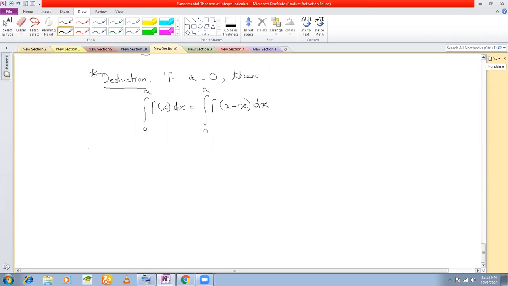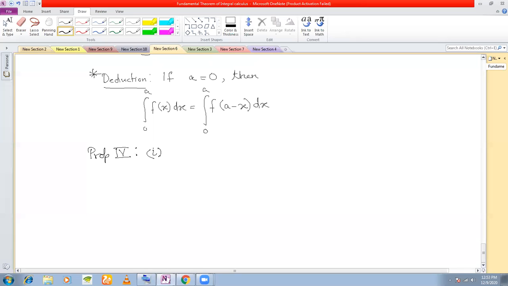Okay, next property number 4. Property number 4 is integral 0 to a fx dx, let me write this as 1 and 2.